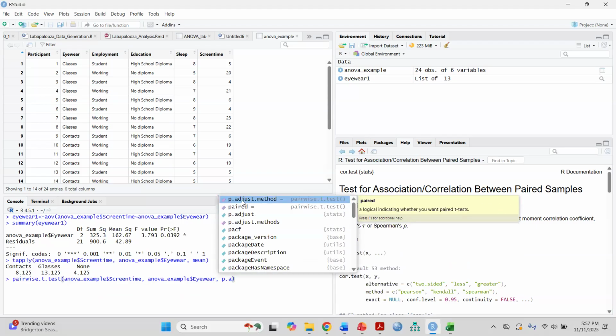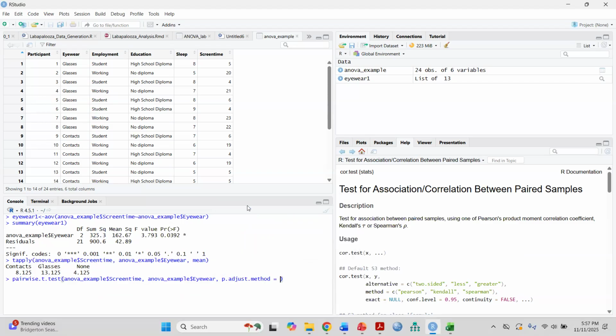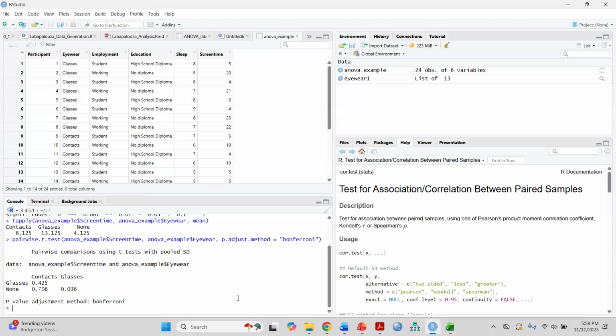It's right here if you click on it, but it's p.adjust.method equals, and then you have to put in some quotation marks, Bonferroni, which is a fantastic name. Okay. So this is a little bit of doing, but a dependent variable, independent variable, and this adjustment method, which is for a Bonferroni pairwise t-test. Let's click into that and let's see what happens.